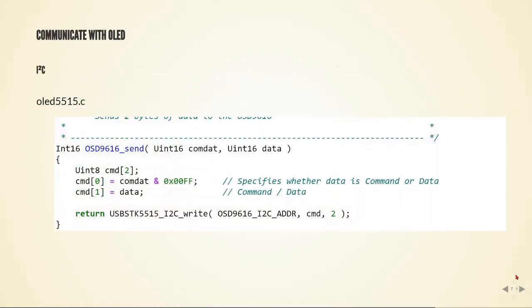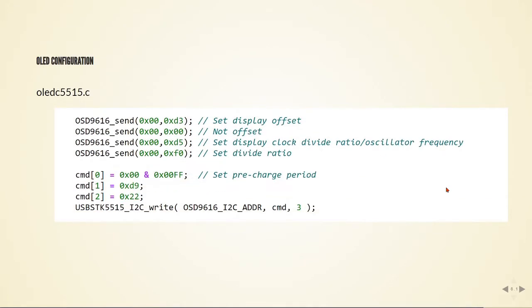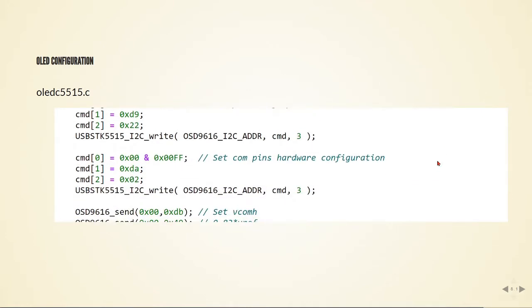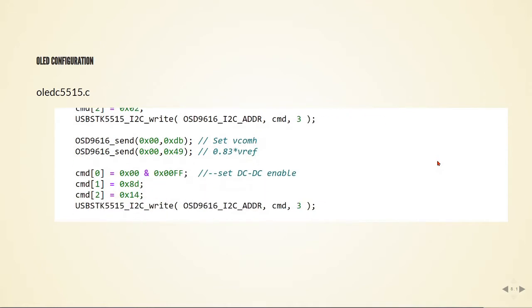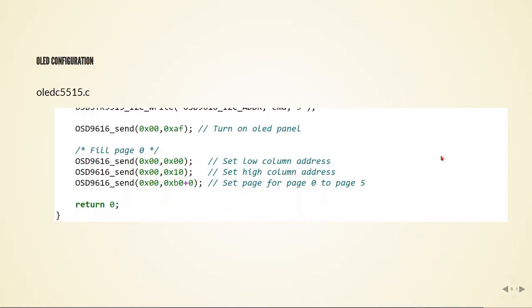And we have here, we can set offsets. We need to set the clock. We need to set some voltage levels. Then we also need to set the column addresses, the page.